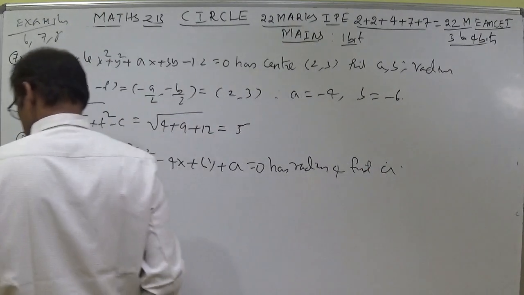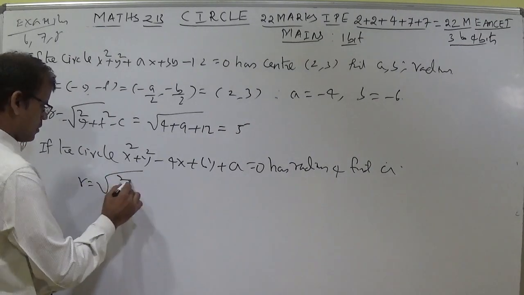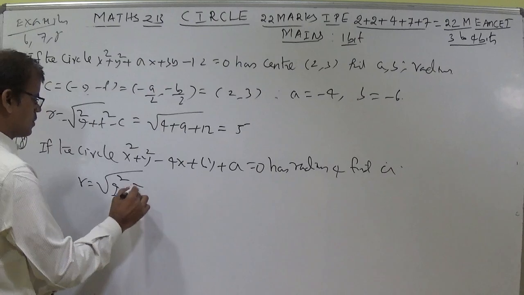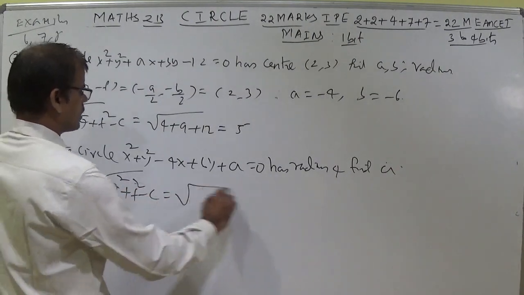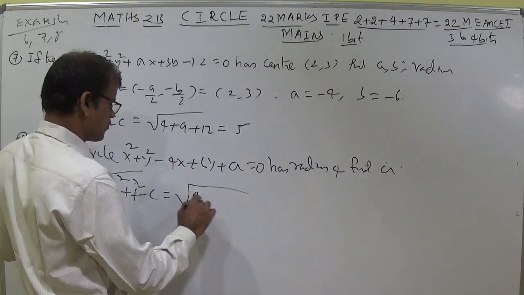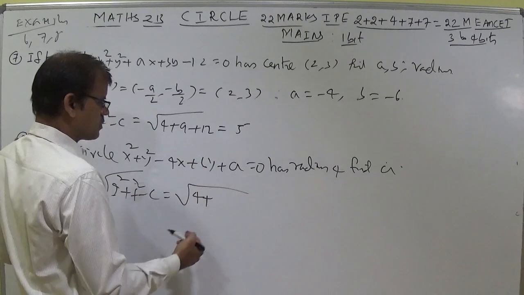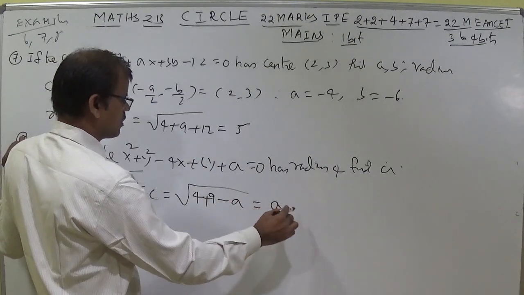This is also a simple question. R is equal to the formula, you write here root of g square plus f square minus c. Here 2g is equal to minus 4, so g is equal to minus 2, g square is equal to 4. f is 6 by 2, that is 3, 3 square is equal to 9, minus c is minus a.